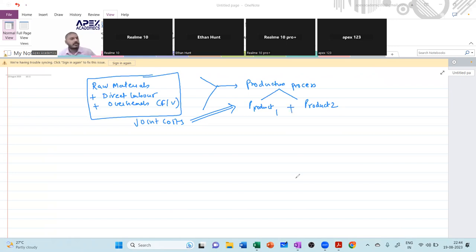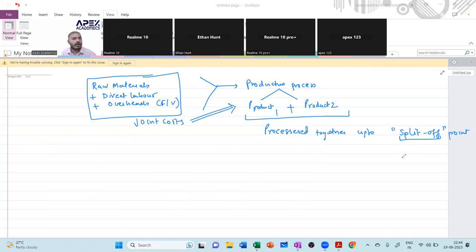These are joint costs. These products will be processed together up to what is called a split off point.